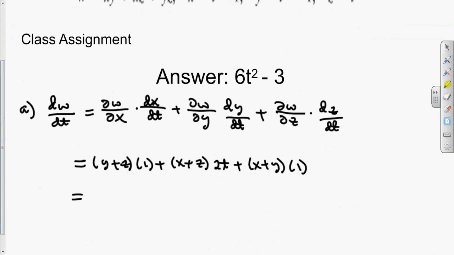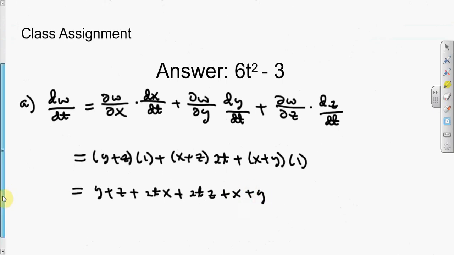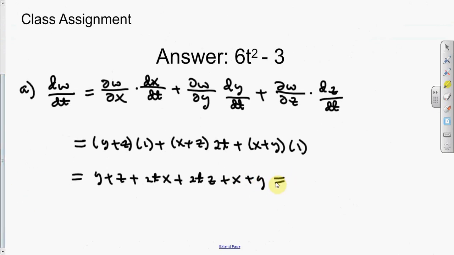So simplify, this is y plus z plus 2tx plus 2tz plus x plus y. We can write this.